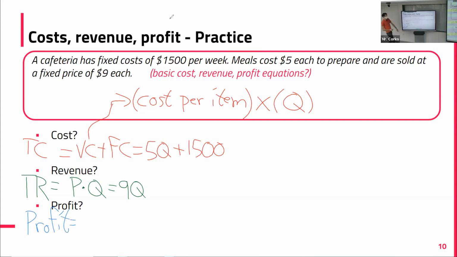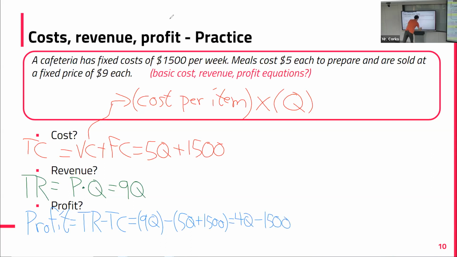In terms of these two, TR minus C. So we just take these two things and put them together: 9Q minus (5Q plus 1,500), which is 4Q minus 1,500.